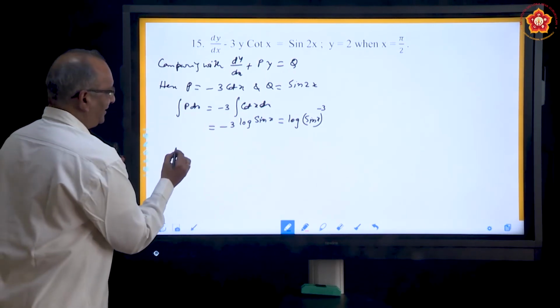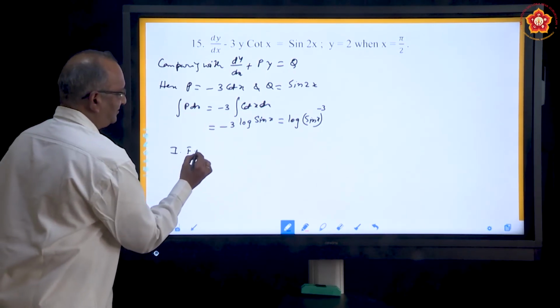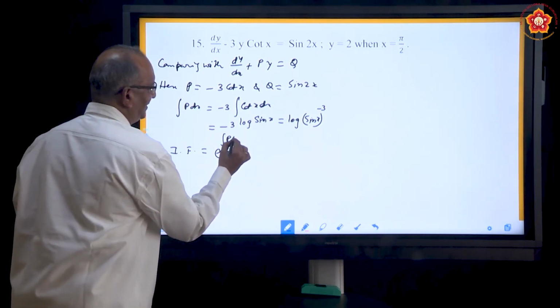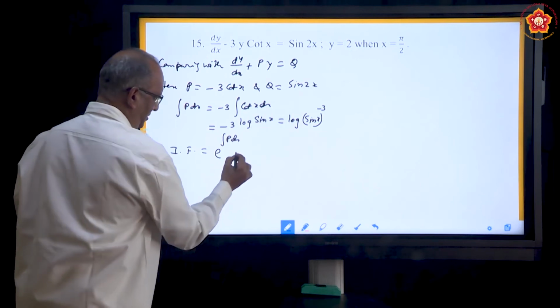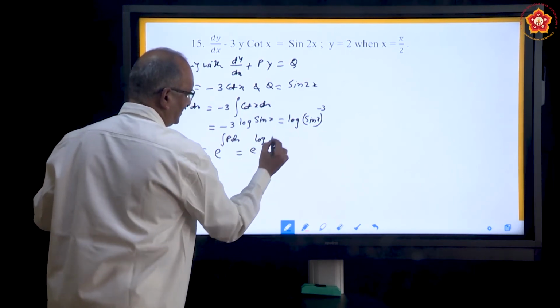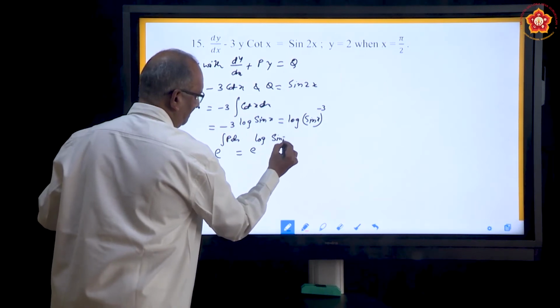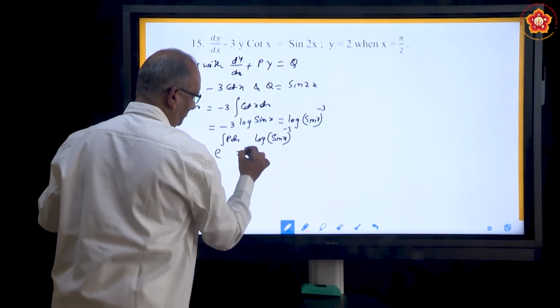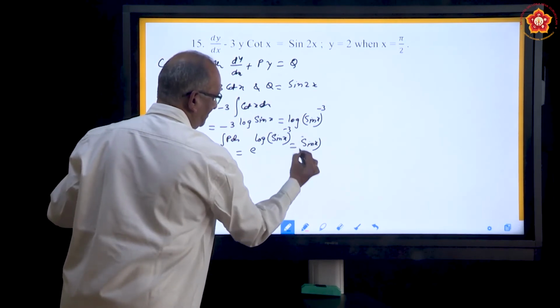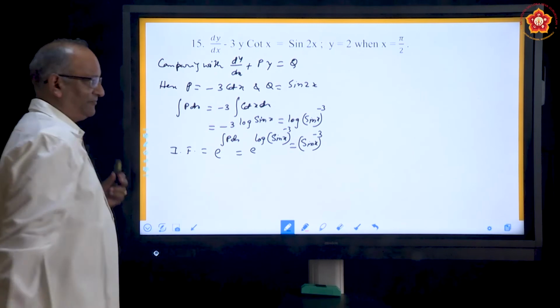And now you write the integrating factor. What is the integrating factor? It is e to the power integral p dx, which we already found out. So, it is e to the power log sin x to the power minus 3. Both will get cancelled and you will get only sin x to the power minus 3. This is the integrating factor.